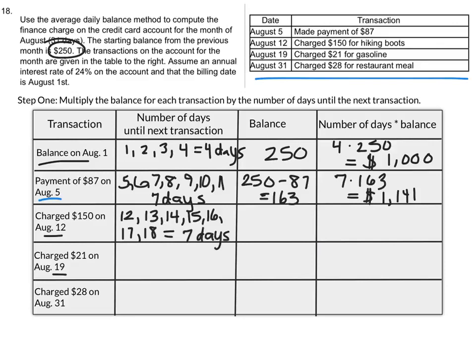Now I want to look at the balance. I had a balance of $163, but since I made a charge of $150, I need to add $150 to this amount. When I add the two values together, I get $313. 7 times 313 gives me an amount of $2,191.